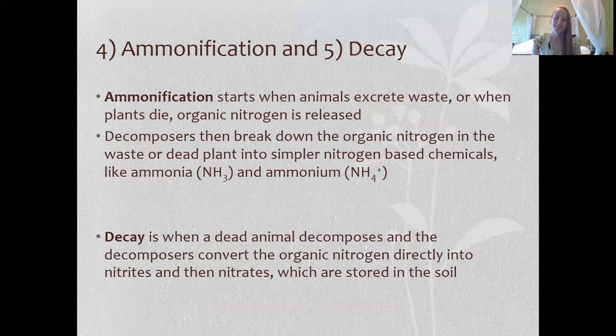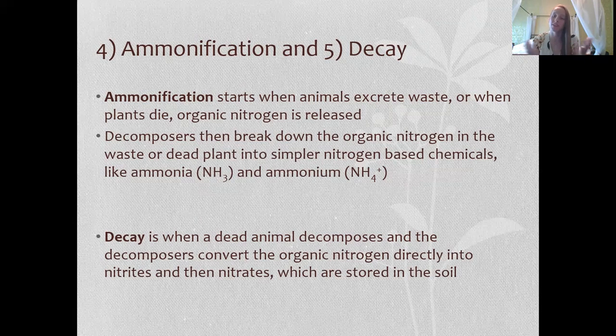The next two processes, processes 4 and 5, are ammonification and decay. Ammonification happens whenever animals excrete waste or whenever plants die. As decomposers break down the animal waste or the dead plants, they release the organic nitrogen that was stored in that living thing into things like ammonia and ammonium.